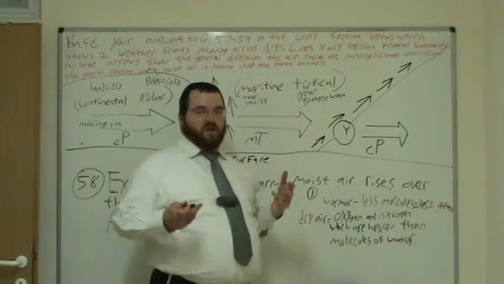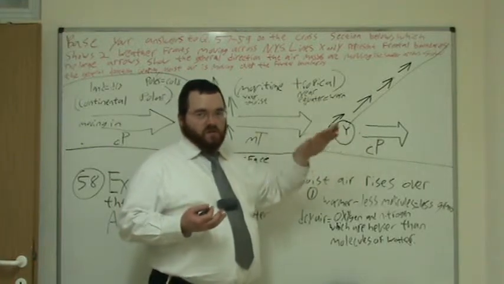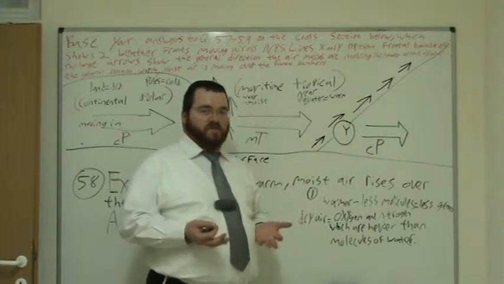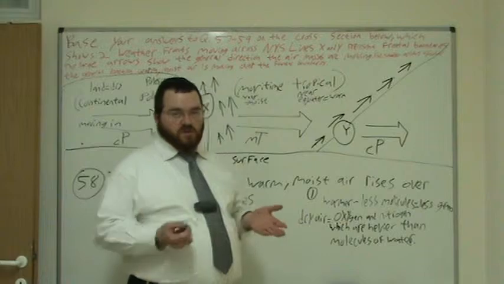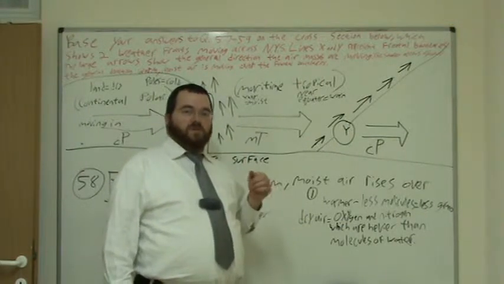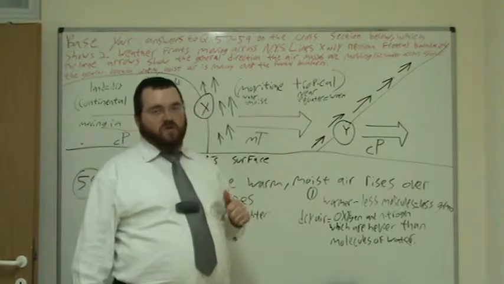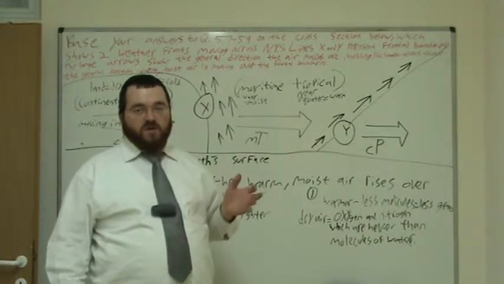And moist air, versus dry air, which is over continental. Dry air has molecules of nitrogen and oxygen, which are heavier than molecules of water. The moist air has molecules of water mixed into the nitrogen and oxygen molecules.